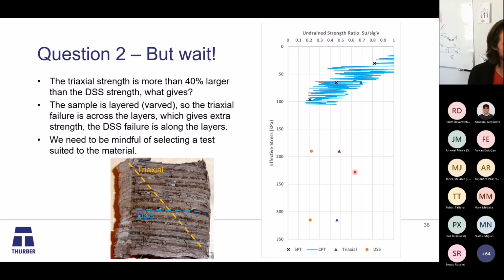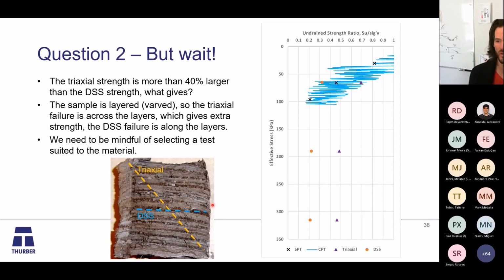But wait, the triaxial strength here is more than 40% larger than our DSS strength. Why is that? Well, this is again where we have to have everything in context. So the sample here is varved, it's layered. So here's an example, and the triaxial failure is going across the layers.